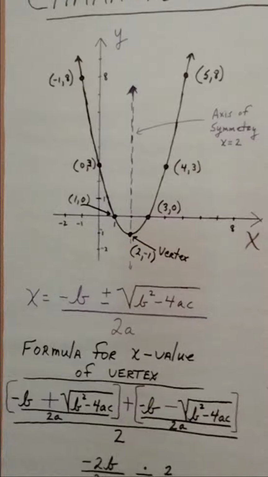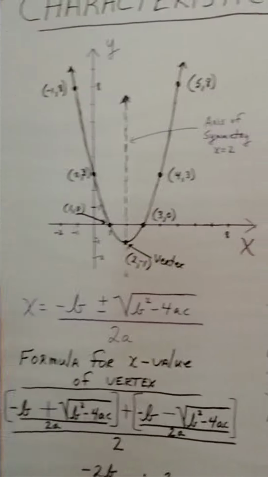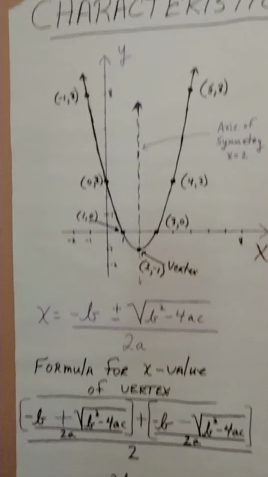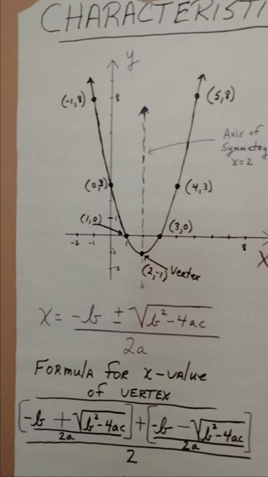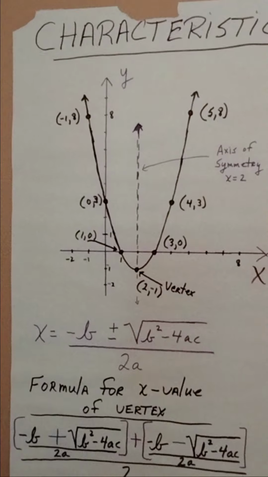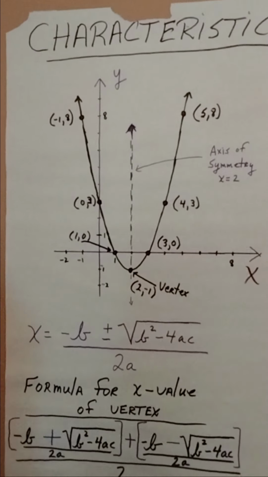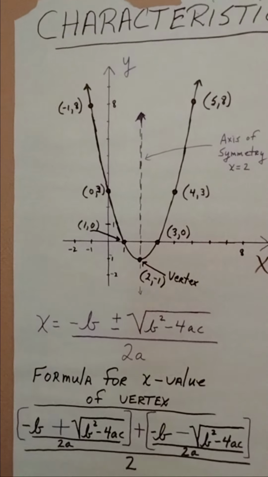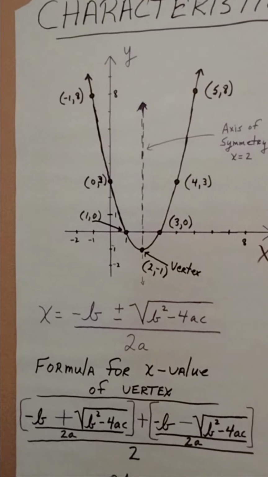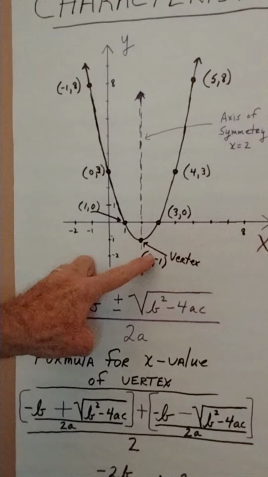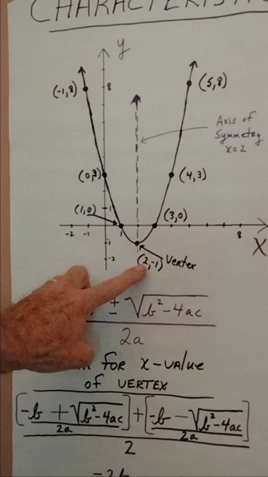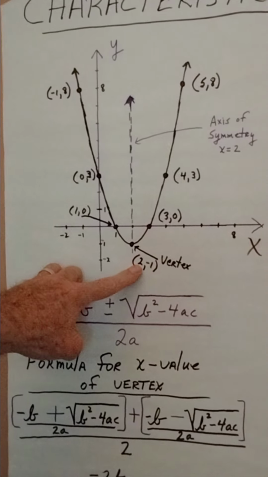But I am here to tell you there is a relationship that can be garnered if we do something very, very specific to the respective x values of any set of mirrored points. I want you to come down to the vertex. Kristen is holding it right here. I want you to look at the x value of the vertex.